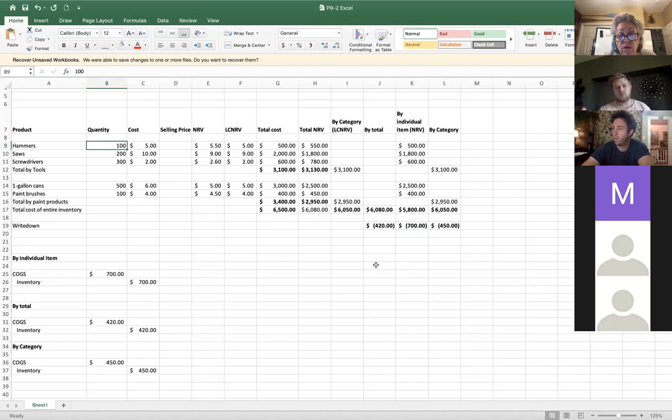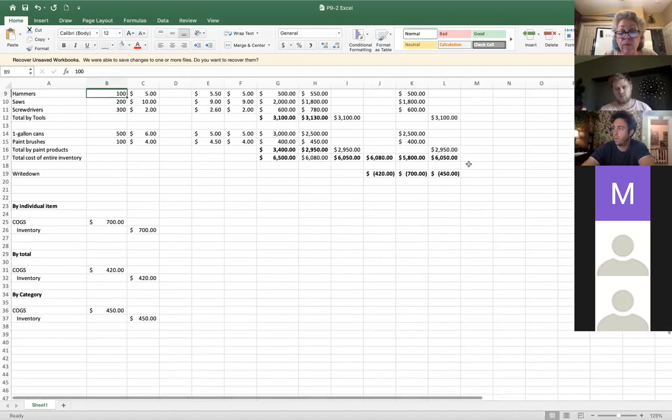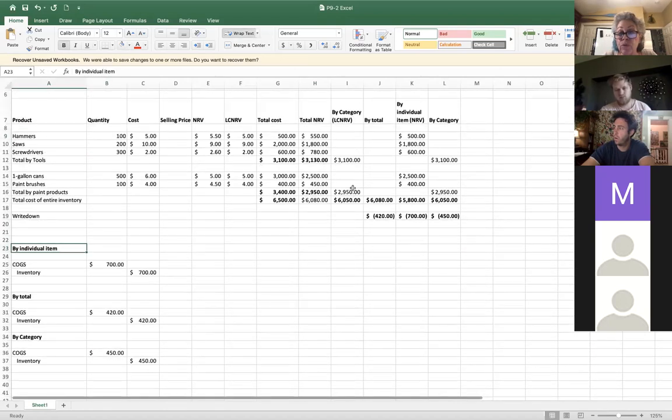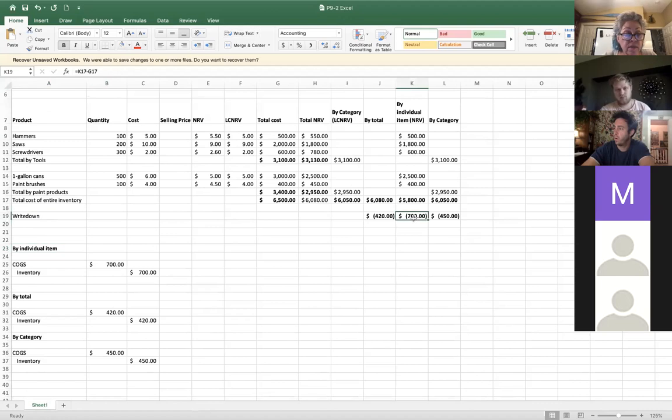So then I know, because of the write-downs that I have, that my journal entry by individual item is to debit cost of goods sold and credit inventory for 700. When I do it by total, I debited cost of goods sold and credited inventory for 420. And then by category, my write-down was 450.